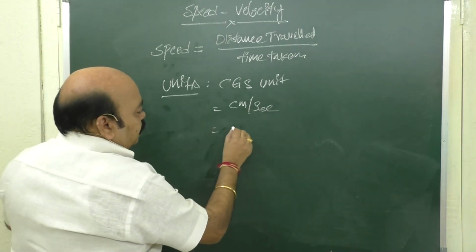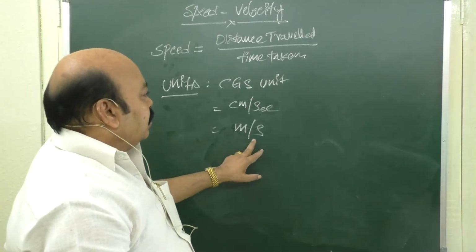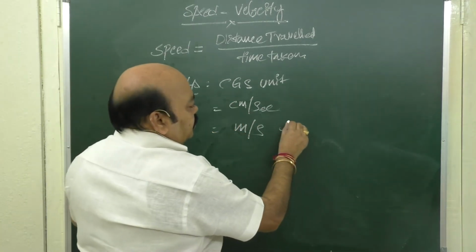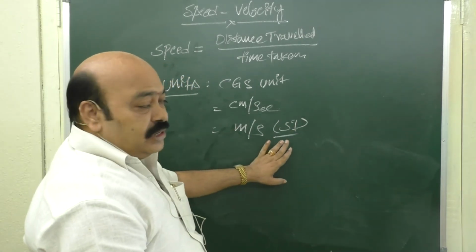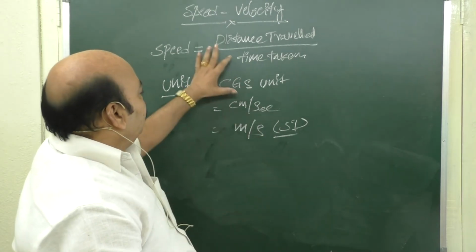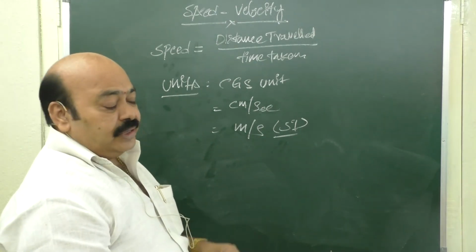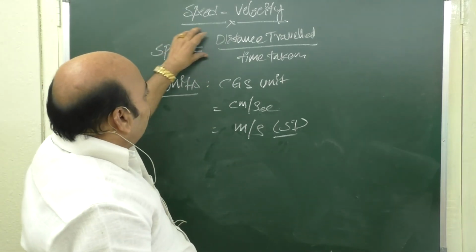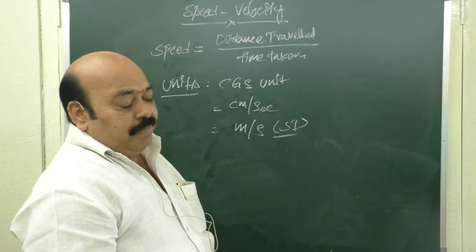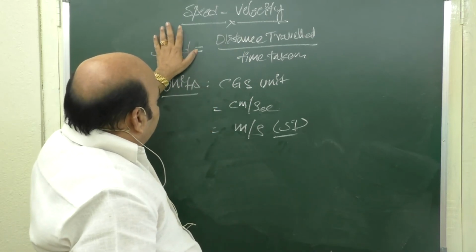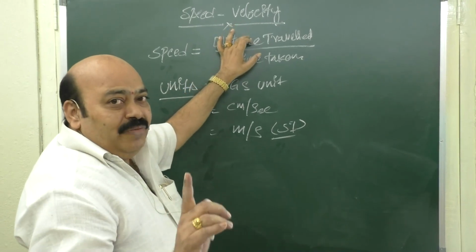And in the SI system, we can measure the same using meter per second. This is the CGS unit and this is the SI unit, where we adopt totally the SI unit. And the last one about this is whether it is a scalar or vector. Very simple question. This formula involves two items, one is distance and another is time. If speed is a vector, at least one of these two will be a vector.